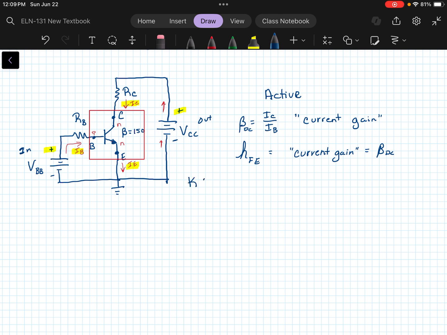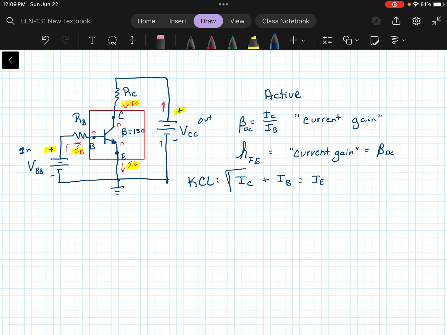Now, we know from Kirchhoff's current law that the currents coming into any node or junction have to equal the currents leaving that same area. So if IC and IB are coming in and IE is leaving, IC plus IB have to equal IE.